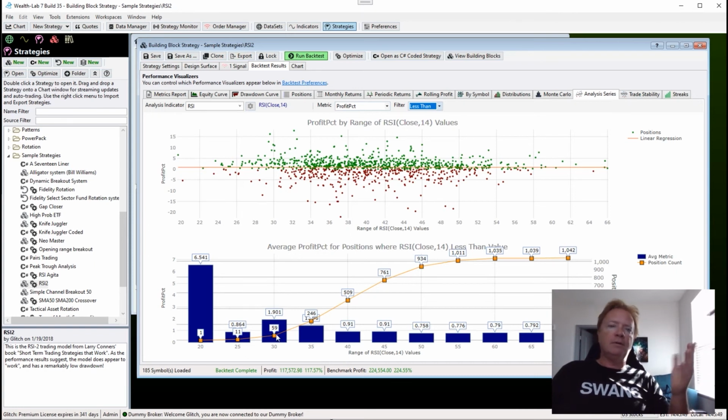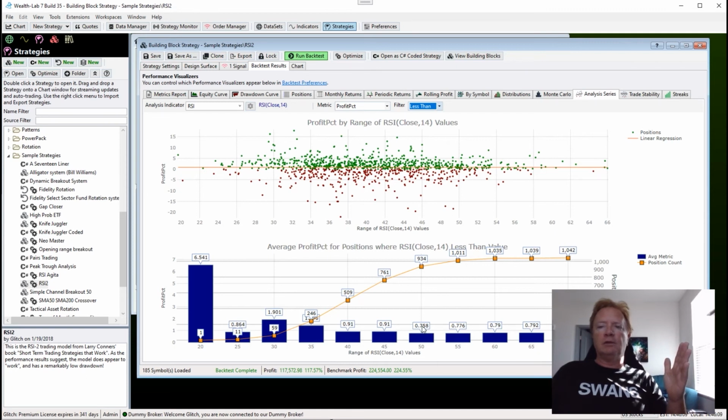So you could see as the indicator value goes up, naturally this orange line is the number of positions. Naturally the number of positions is increasing. However, we can see an interesting relationship. The average profit percent is actually going down as the filter indicator goes up.